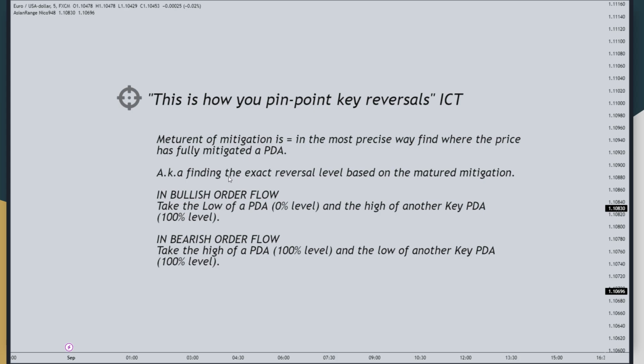If you split that PD array into quadrants, you're going to take the first PD array in the PDMA matrix, take the 0% level of that quadrant, and then take the highest point of the PD array, the 100% mark level. Hopefully you understood that. And vice versa for bearish order flow.